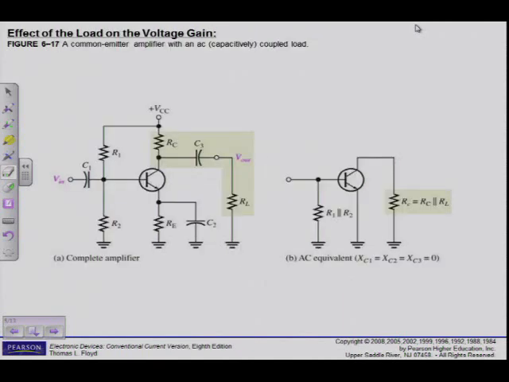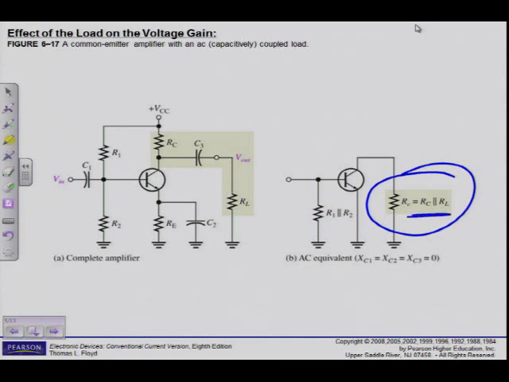The effect of the load on the voltage gain. Remember in our examples now we didn't have a load resistor, né? So in this case I am including a load resistor, so what is going to happen? I have to calculate this value RC, which is R small c. The lowercase letter indicates that it is the resistance that the AC signal sees, so it's going to be RC in parallel with RL.